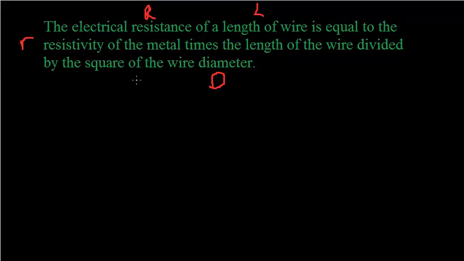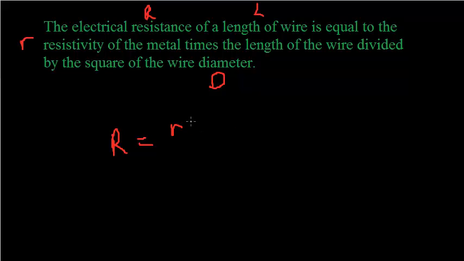Now let's go ahead and use those variables to put this into an algebraic expression or equation. We have the electrical resistance of a length of wire is equal to, so the resistance of the wire is equal to, we can say then R is equal to the resistivity, which is our little r, times the length of the wire.